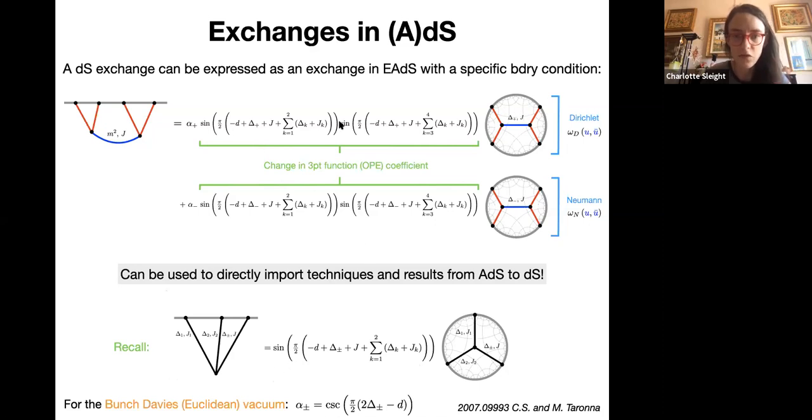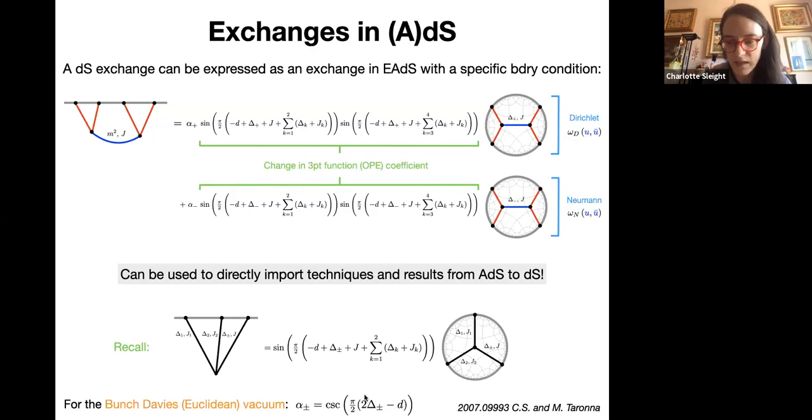So these sinusoidal factors here are what precisely accommodate for the change in three-point function or OPE coefficient as you move from ADS to DS. And the factors that remain, so this alpha plus and alpha minus, these are what parameterize the dependence of this decomposition on the choice of vacuum at early times in de Sitter. So for the Bunch-Davies vacuum, this would correspond to this expression for alpha plus and minus here on the bottom of the slide.